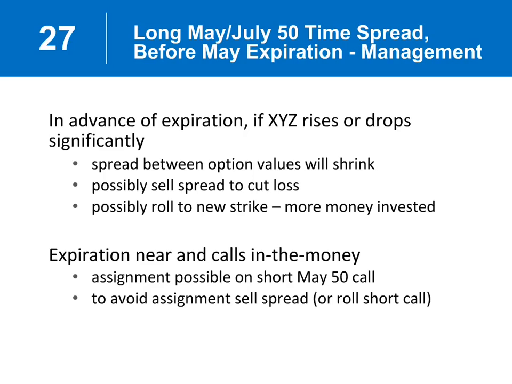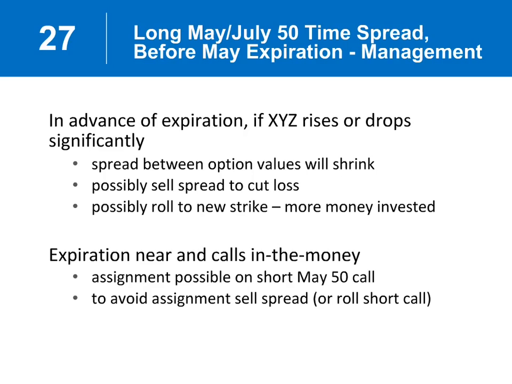And one thing we have to be cognizant of is the potential for assignment, especially if we're doing the weeklies. I mean, it's going to be the same case with the monthlies. We're just not going to have to manage that as frequently. But if we get into a situation where we're assigned, and that's either going to be right at expiration because the underlying closed either just above or maybe more so above the strike, we're not going to know really in advance.